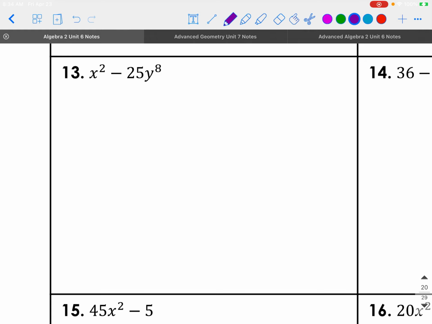Number 13, do they have anything in common? Nope. No numbers, no variables in common. Why don't you try this one on your own? See if you can do it.